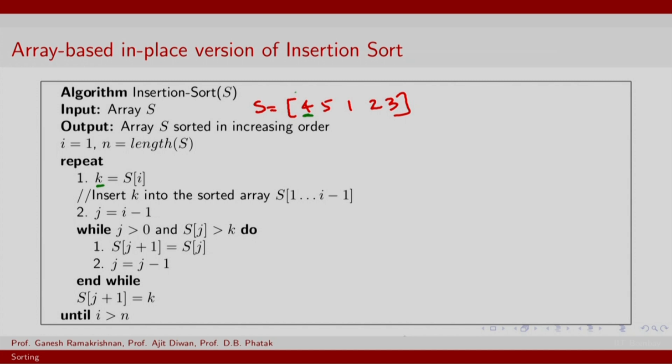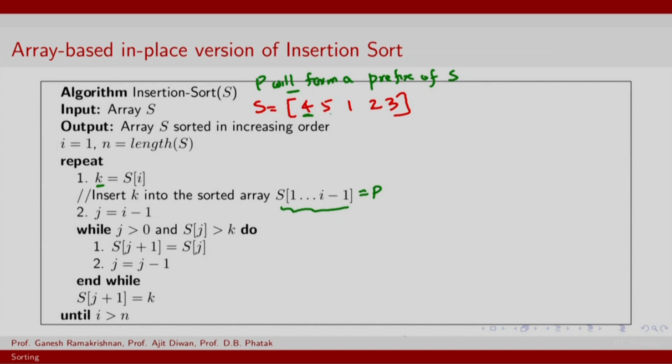For us the P will correspond to a prefix of S. So this prefix will basically be elements from S ranging from indices 1 to I minus 1. So I was initially here at 4, I equals 1. So initially the prefix P, which corresponds to S1 to I minus 1, will be empty.